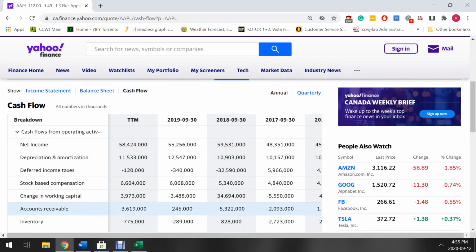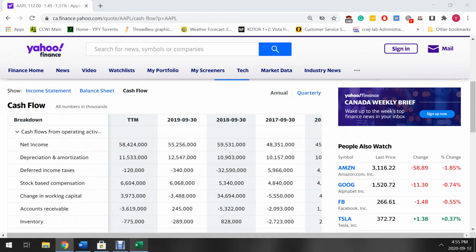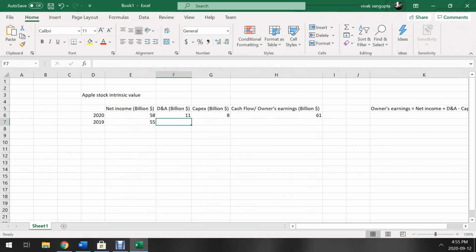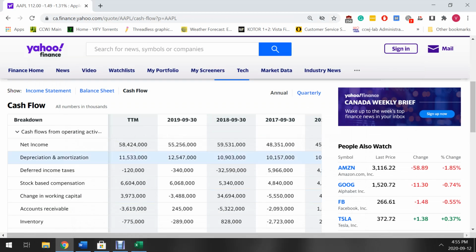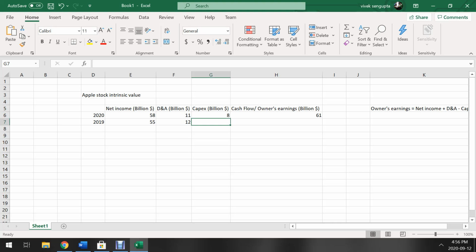You have 55, and your D&A is around $12 billion, and the capex is 10 billion. I'm doing an approximate calculation. Intrinsic value doesn't need to be exact. And if I do that, you see there is about $57 billion. So it moved from 57 to 61 in 1 year.